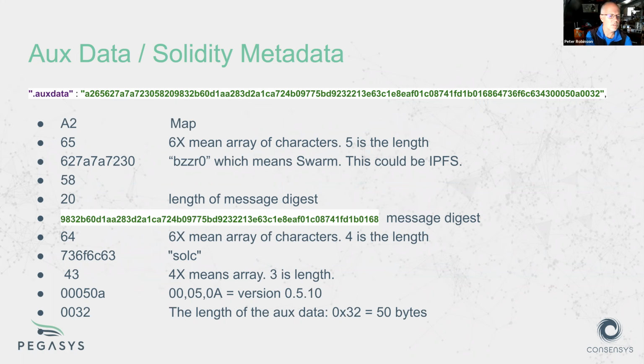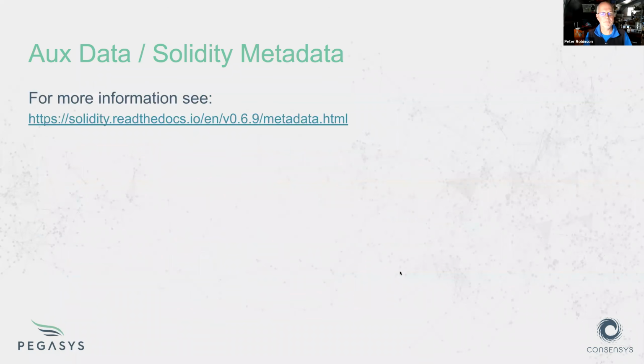And then you've got a length of your message digest. And then you've got some characters which will say solc, and then the version of the compiler. So there you are, Lucas. I was using 0.5.10. Nice. Yeah. And have a read there of the docs.